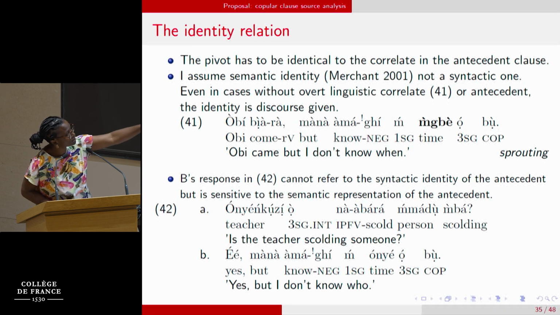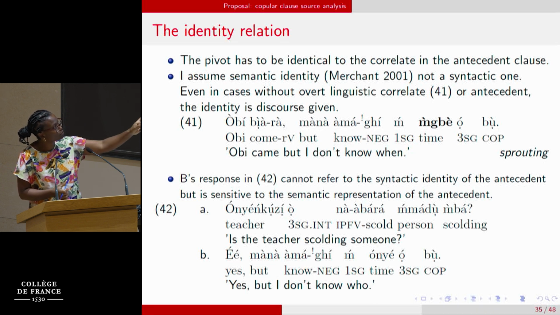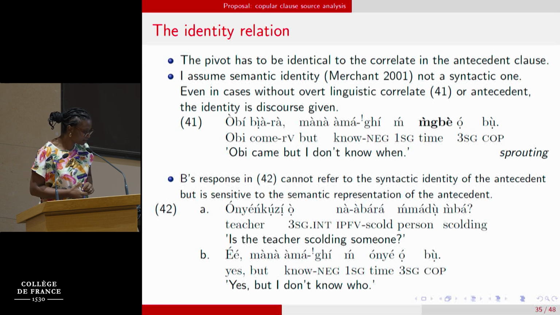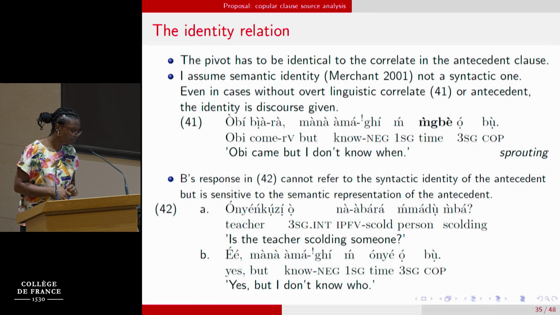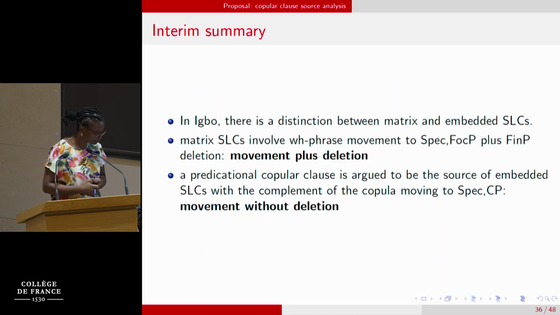We can see that in Igbo, that's reflected with the third person singular pronoun, but with the interrogative low tone occurring immediately after the initial element, teacher, that we have there. But if you look at the B response in 42B, we have a WH: "Yes, but I don't know who." So this is to show that it's not always the case that we have a full-fledged syntactic structure.